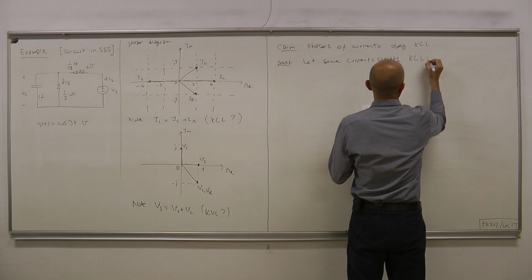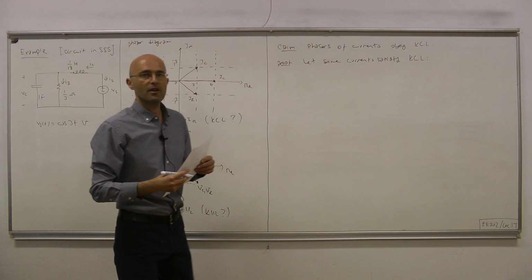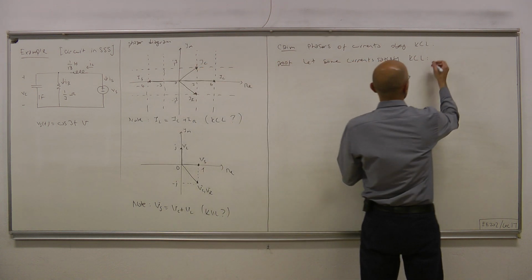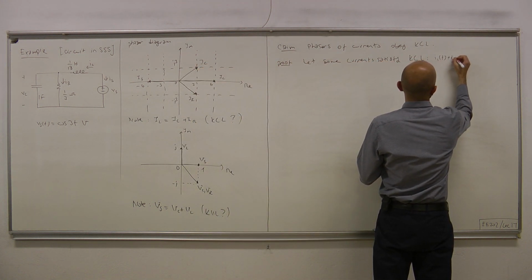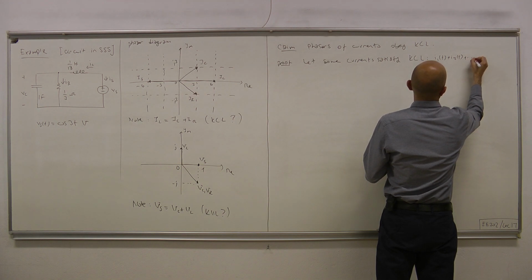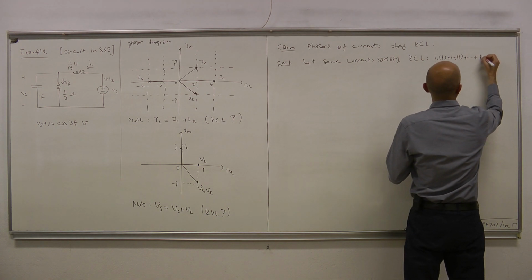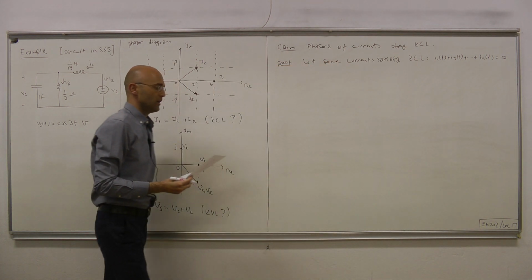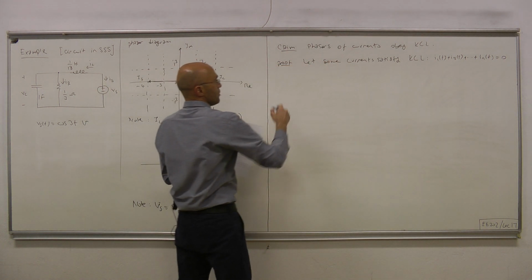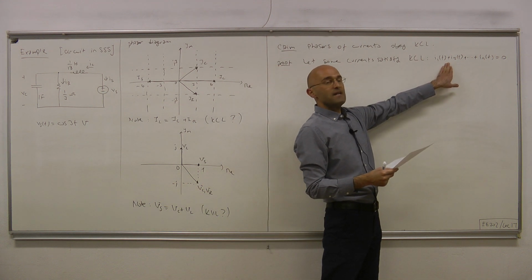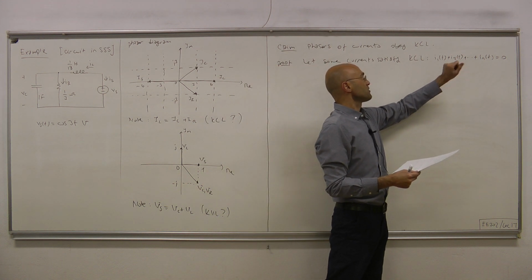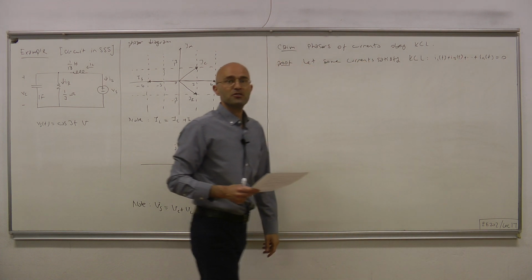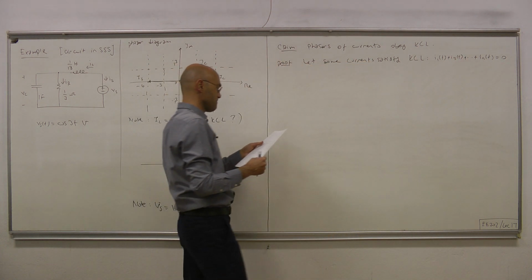Suppose we wrote KCL on some node and we obtained the following equation: I1 of t plus I2 of t plus up to In of t equals 0. Okay, some KCL equation. So from this equation, let's now obtain the phasors, where the phasor of I1 plus the phasor of I2 and so on up to the phasor of In must equal 0.